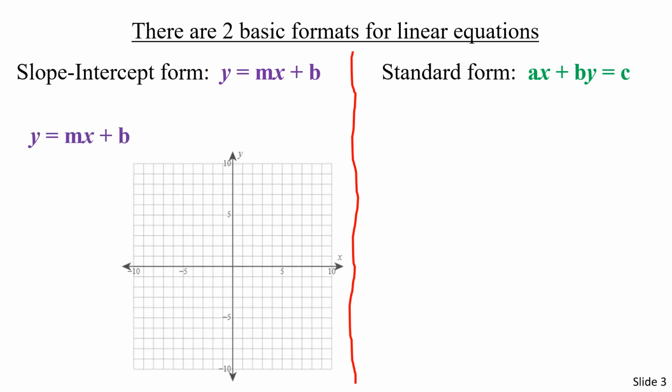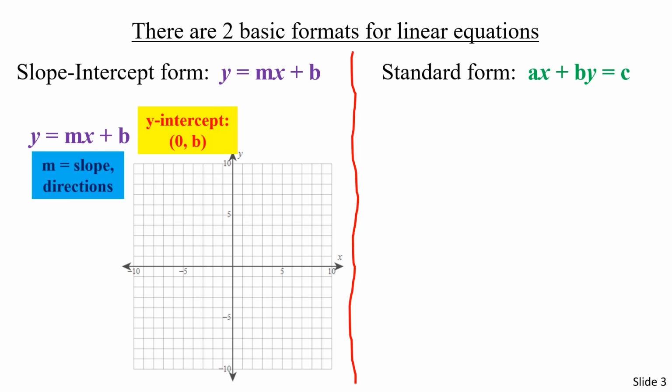Let's look at slope-intercept form. b is the y-intercept, (0, b). m is the slope, or directions. So here's an equation, y equals 4/7 x minus 3.